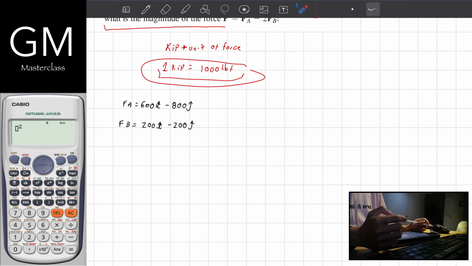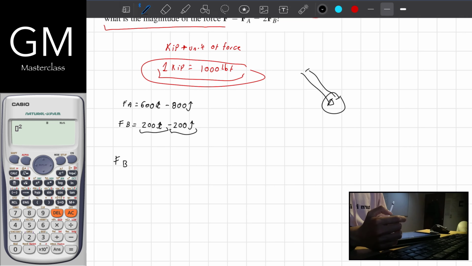Those are scalar numbers. When we multiply one by a vector, remember that a vector has magnitude and direction. The direction is given by the components, and the magnitude is also computed from the components. In this case, the magnitude of FB would be equal to the square root of 200 squared plus minus 200 squared.